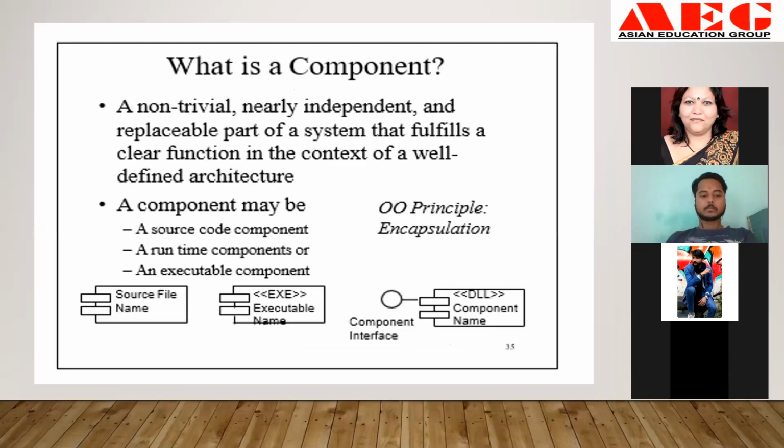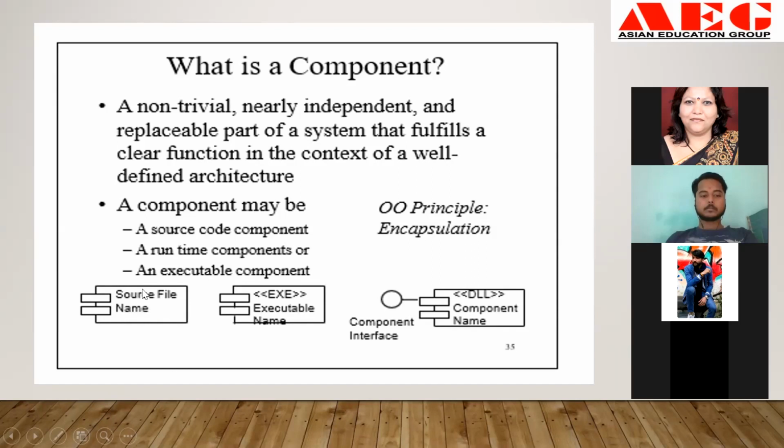Component. We will discuss the component in detail now. So what is a component? As you see, components are the units or modules which can work independently. If you have used a component as a DLL file or an executable file, these are all called components. So a component may be a source code component, as it is showing here.